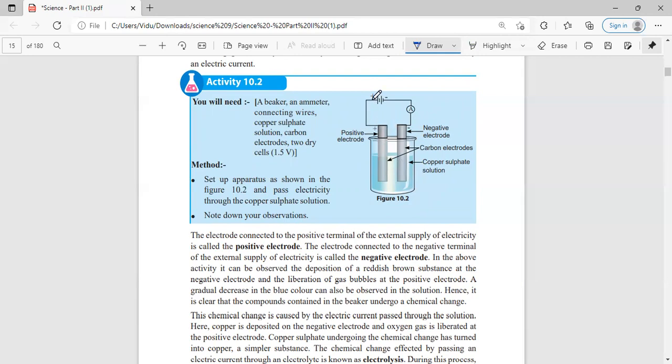Here, this carbon electrode connects to the positive terminal of the dry cells, and it's called the positive electrode. And the negative terminal of the dry cell connects to this carbon electrode, and it's called the negative electrode. And also it's called anode and cathode.